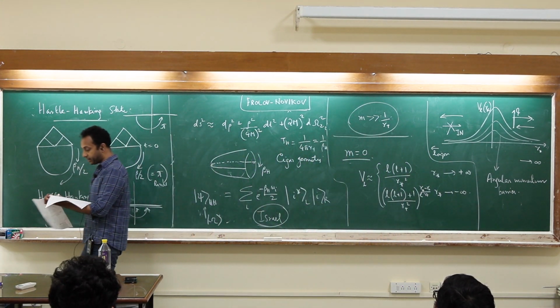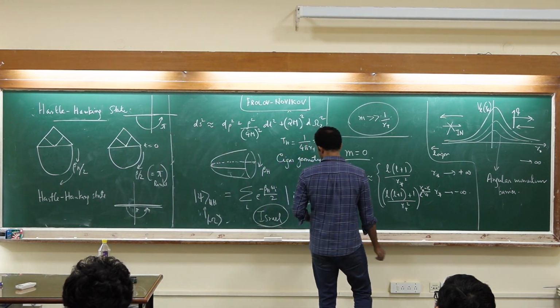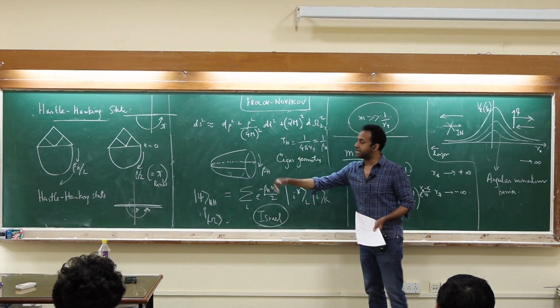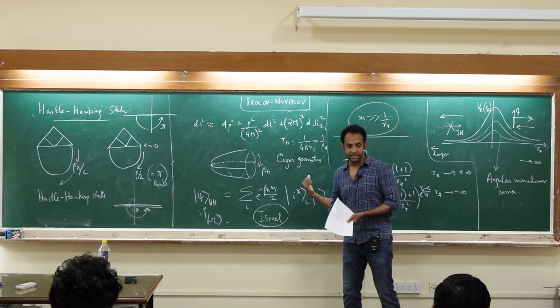Yes, so this state is defined on the Kruskal manifold. And of course, once we have a thermofield double, you can trace over the left wedge and write down a thermal density matrix for the right wedge, just like we did.